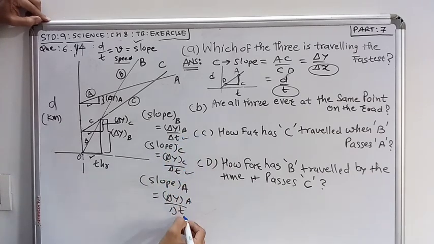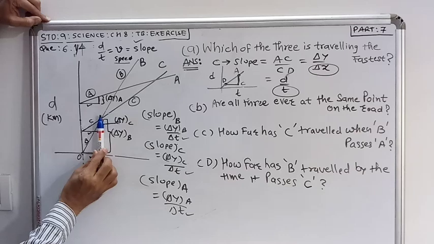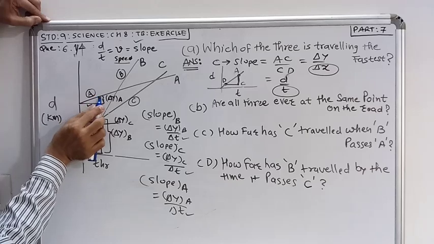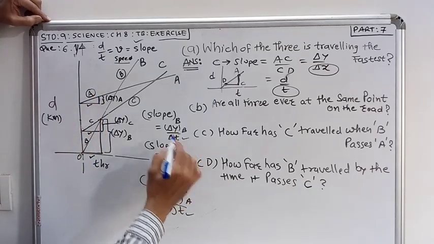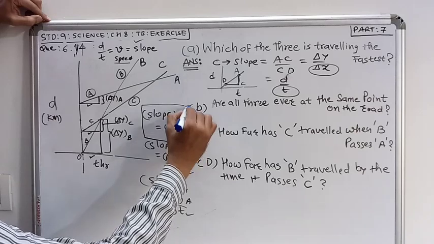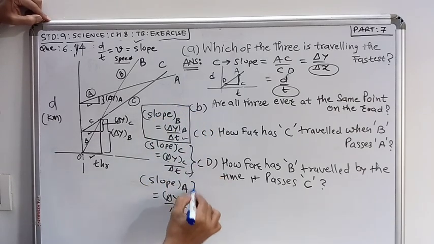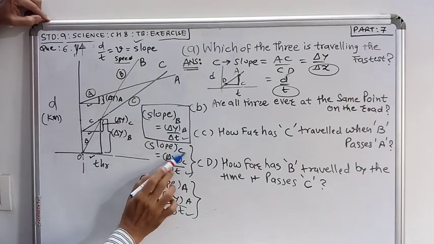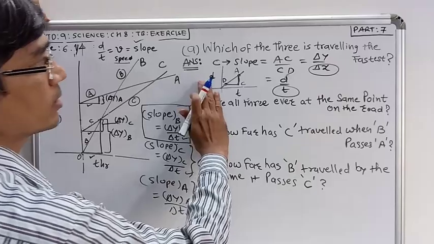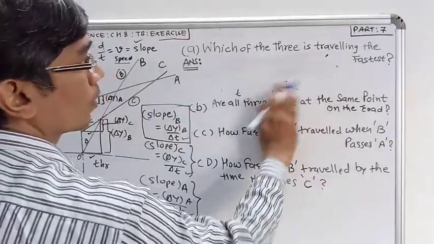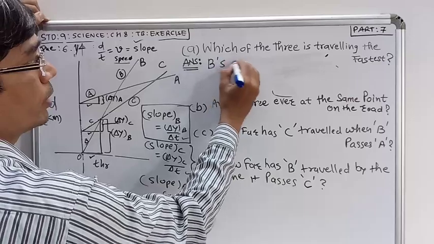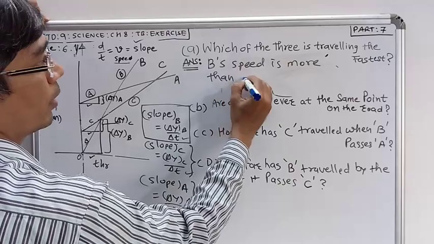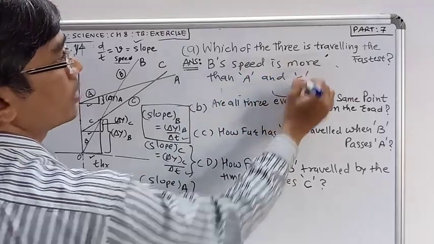Here delta t is the same, but you can see delta y of B is more compared to delta y of C and delta y of A. So the slope of B is more than the slope of C or A. That means the speed of B is more than the speed of C or A. So the answer is: B's speed is more than A and C.